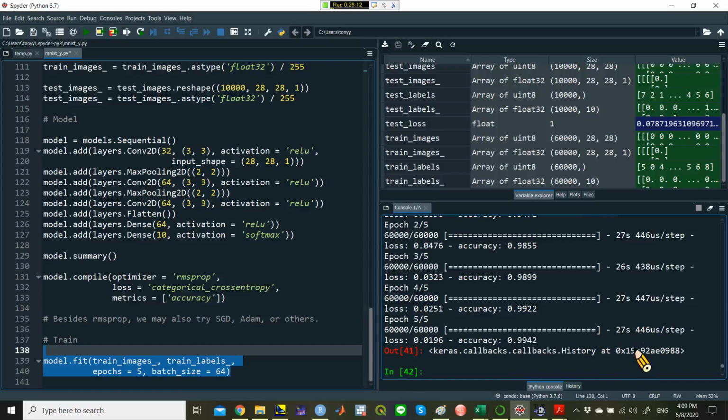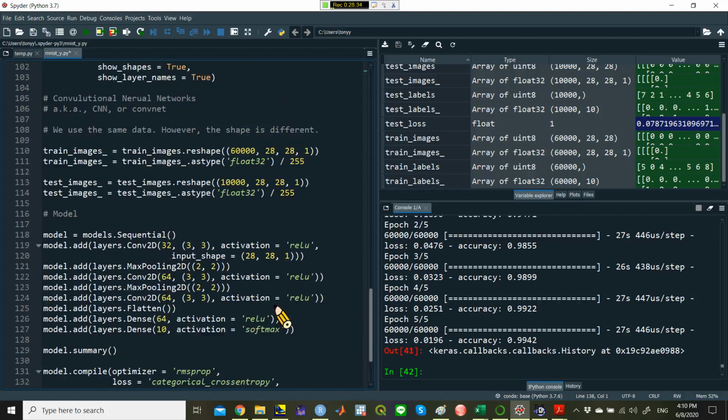In total, it took about 2.5 minutes. And our in-sample accuracy is 99.42%. So it's in-sample, but the in-sample error rate is around 0.58, so pretty good. And we can also take a look at the out of sample.